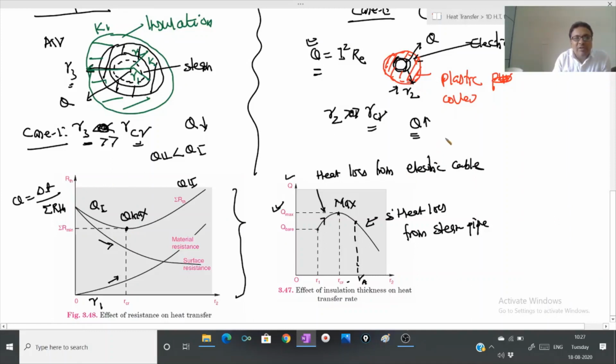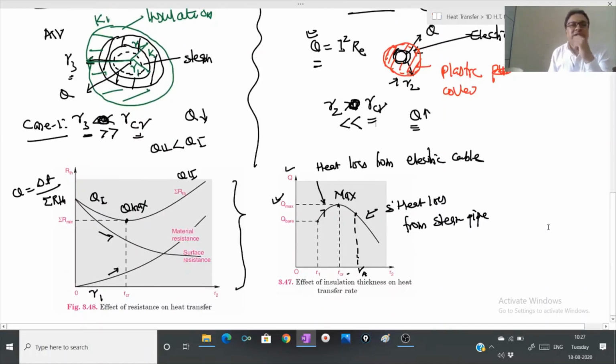And if I want to increase the heat transfer rate, outer radius should be less than critical radius. Extremely sorry for this misexplanation. Okay, so the same way we can explain for spherical wall as well.